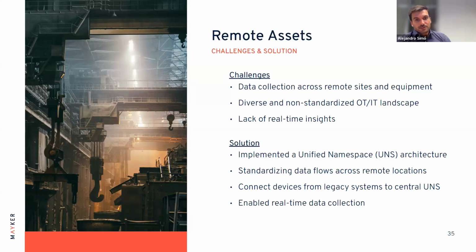And at the end, this allows us to enable real-time data collection from all these systems. These are 2 examples that I wanted to mention here. And if you have questions, you want to know more, feel free to ask. And maybe in the Q&A, we can go through some other examples. But now I give the word to Kudzai to give a couple more use cases.